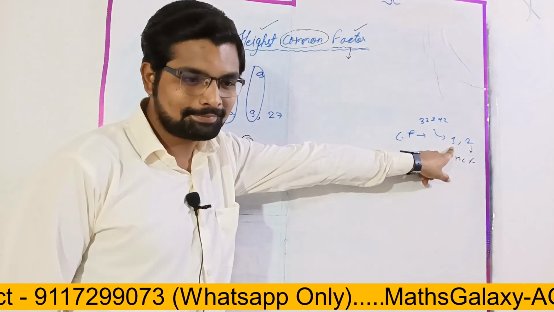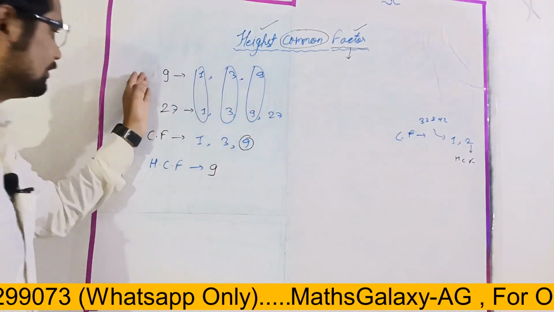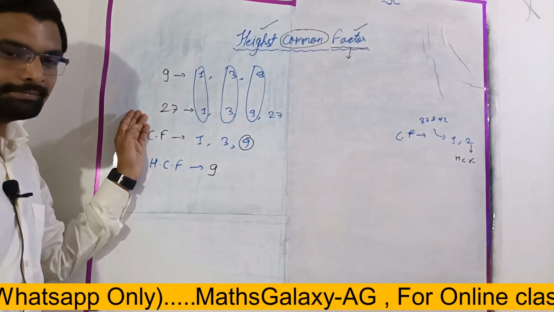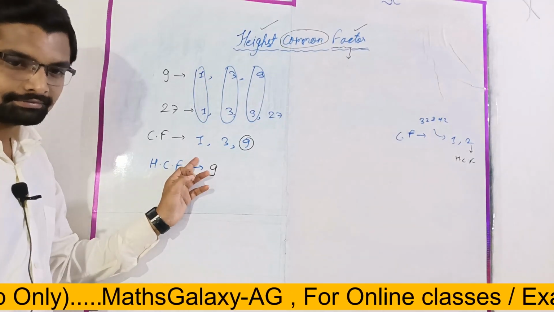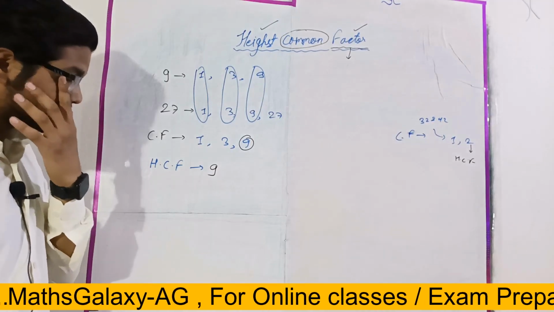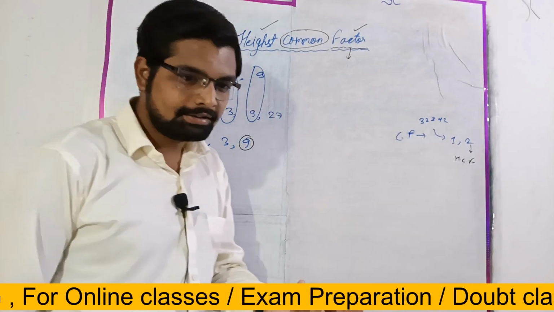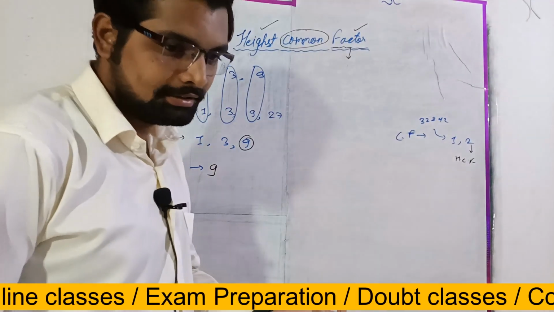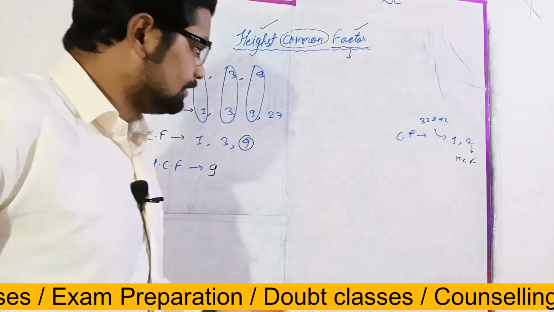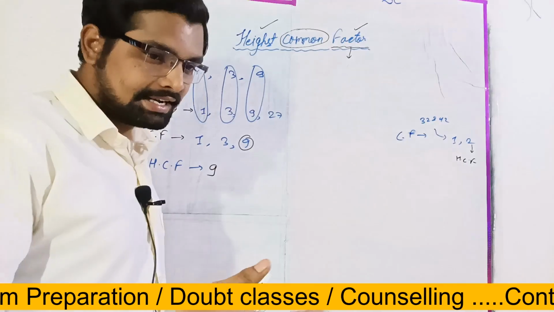It will be 1. For 9 and 27, again the answer will be 1. You can also take some more examples.